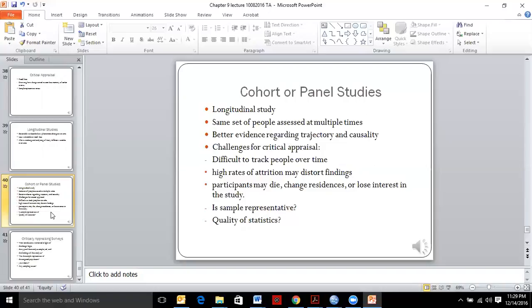But some of the challenges are that there's difficulty tracking people over time, and high rates of attrition that might distort findings. For example, a participant may die, change residence, or lose interest in the study. Some of the questions we might ask in this type of study are: is the sample representative, and what is the quality of the statistics?